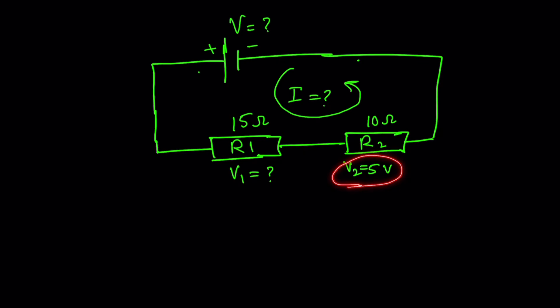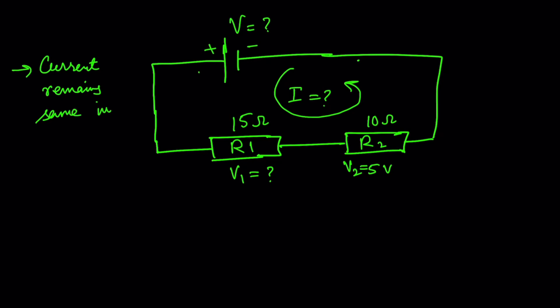Now we are supposed to find out the total current in the circuit, the voltage across R1 and the voltage across the battery. So let's start off the working. First of all, this is a series circuit, so we'll use the concept that current remains the same in a series circuit.